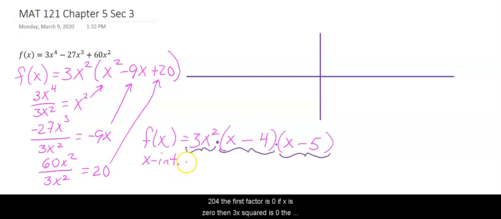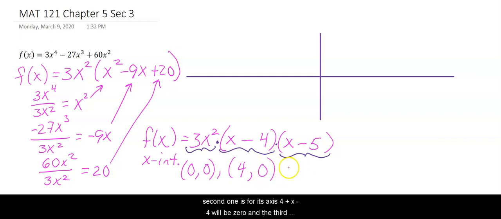The zero for the first factor is 0. If x is 0, then 3x squared is 0. The second one is 4. If x is 4, then x minus 4 will be 0. And the third one is x is 5. When x is 5, x minus 5 will be 0.